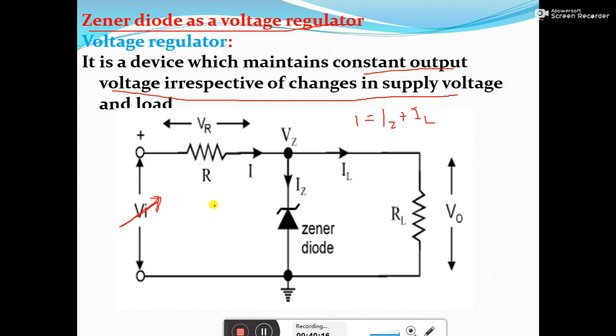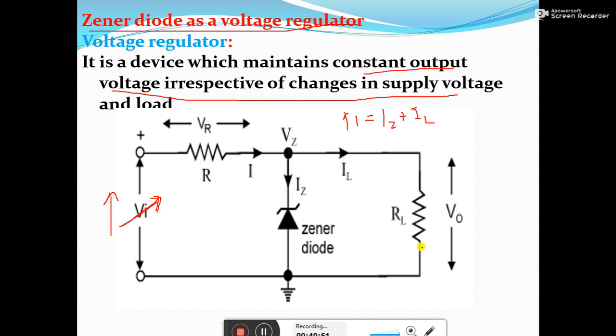For the line regulation, I expect the IL to be constant. Let's see whether it happens or not. With increase in Vi, let's say Vi is getting increased, I also increases. With increase in I, if there was no Zener diode, IL was supposed to increase.